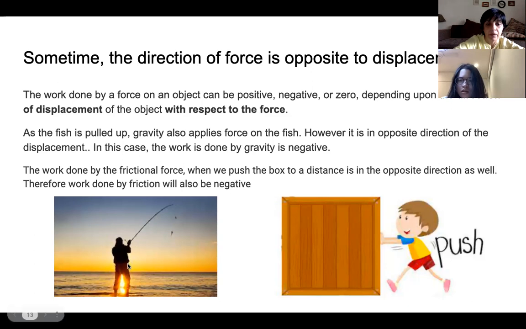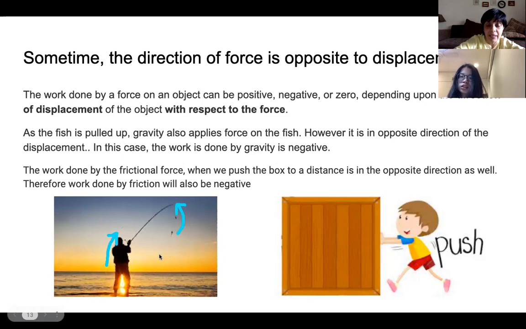Pull. So the man is applying the force in upward direction. So the fish went in upward direction. All right? But there is one parallel force which is working here, and I'm going to change that color to show you the distinction.